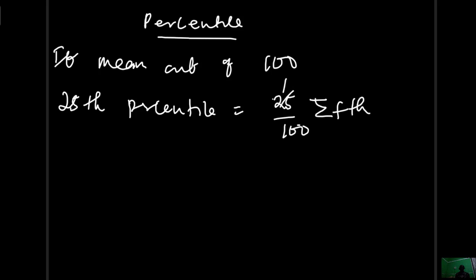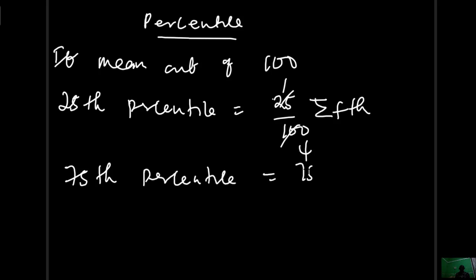So this one will give us 1/4. Then go and look for the answer like what we did. If you are given the 75th percentile, it is simply 75 over 100 sigma f position. Then you point to the calculator, go and look for your answer.